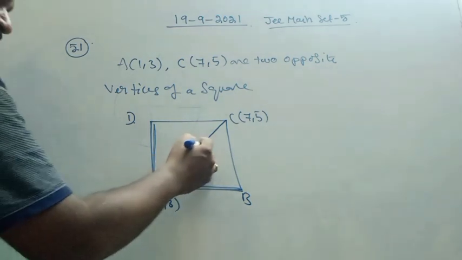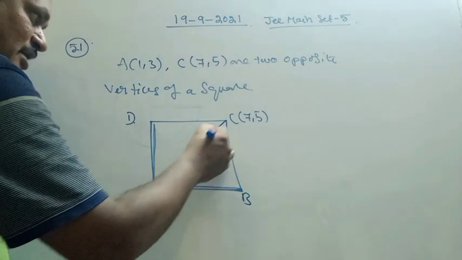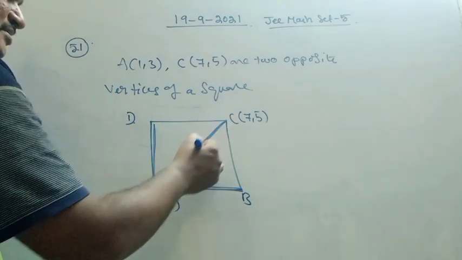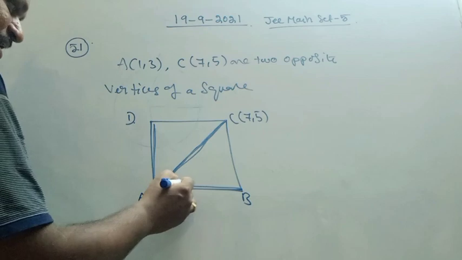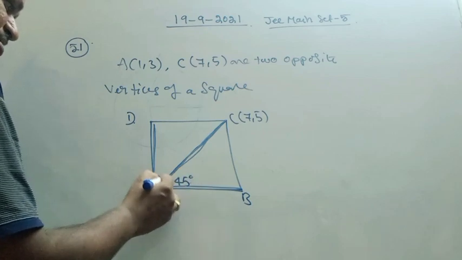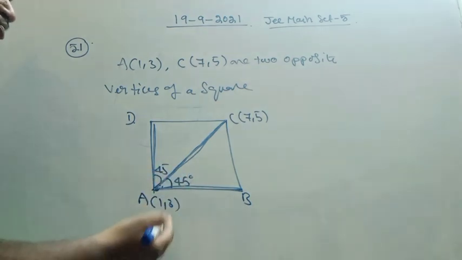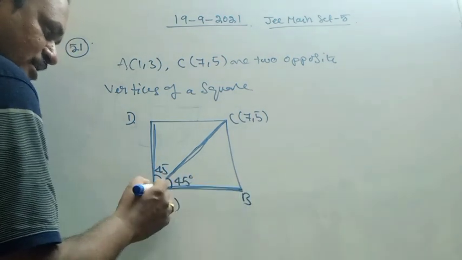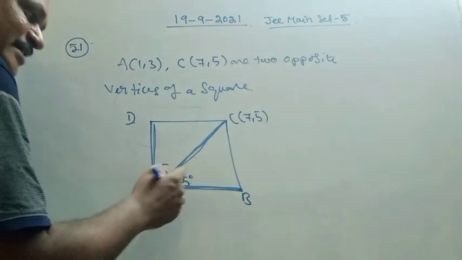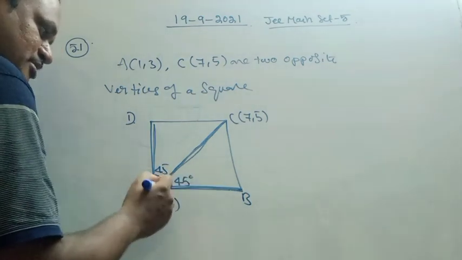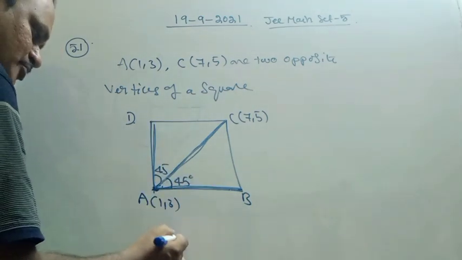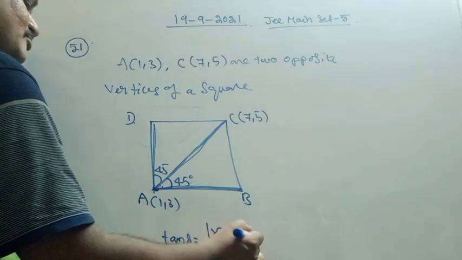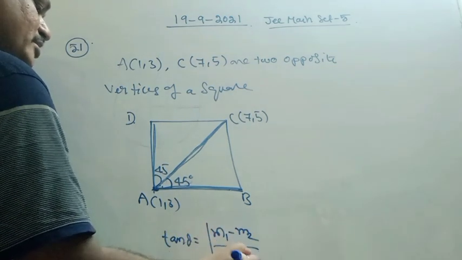You see, my dear students, this is the diagonal of the square, and it makes an angle of 45 degrees with the sides. If we know the slope of the line through A, we already know point A. We will use tan theta equals modulus of (m1 minus m2) by (1 plus m1 m2).